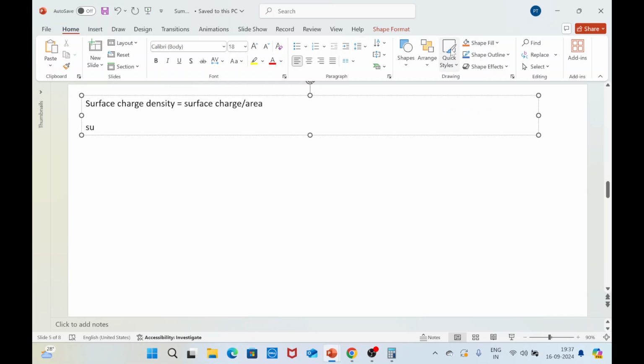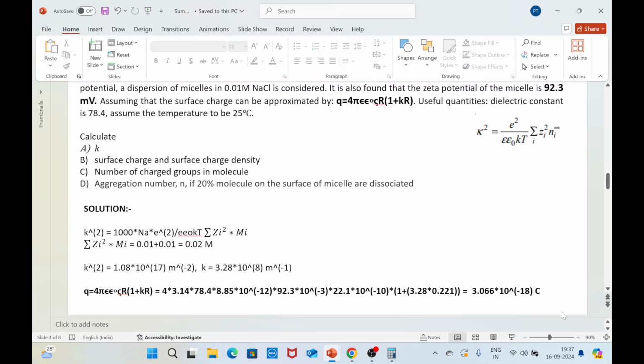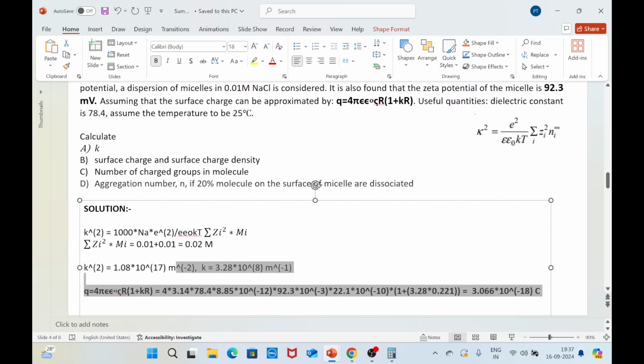So you have calculated your surface charge to be how much? Let me just check once. 3.066 times 10 power minus 18 coulombs.